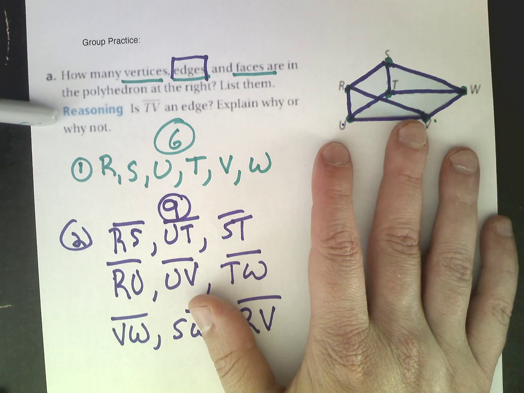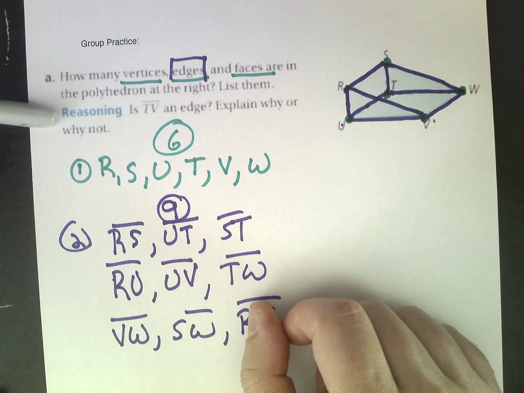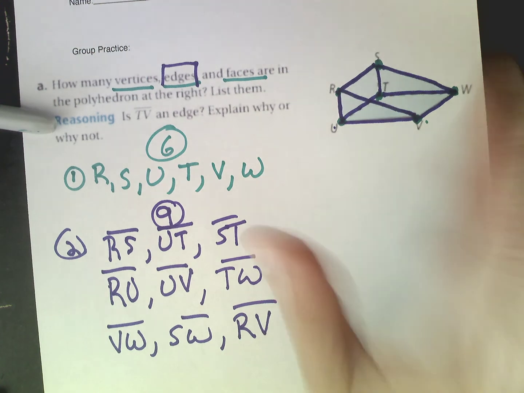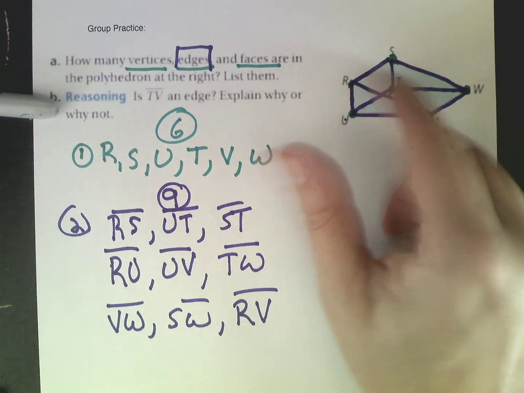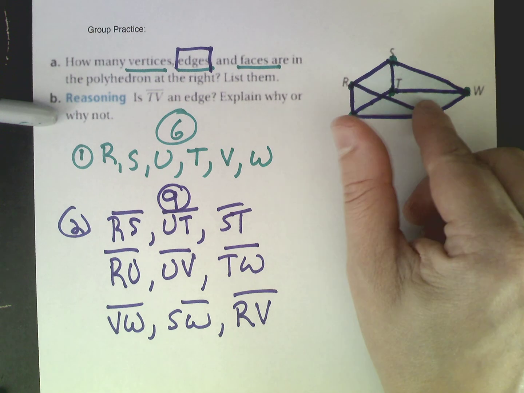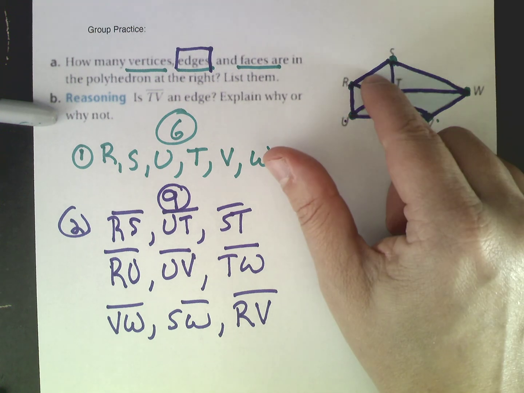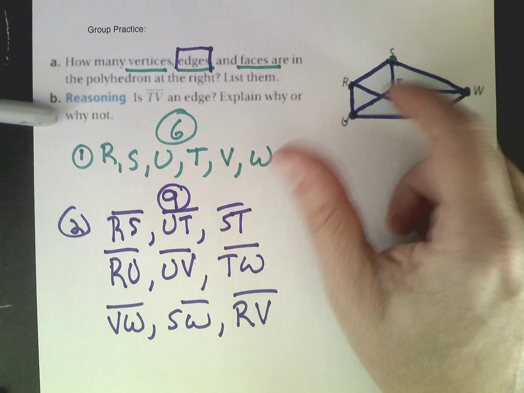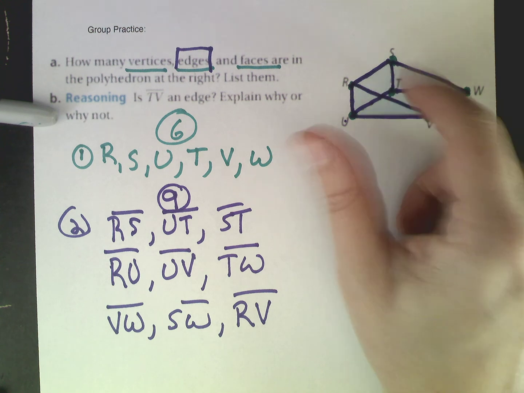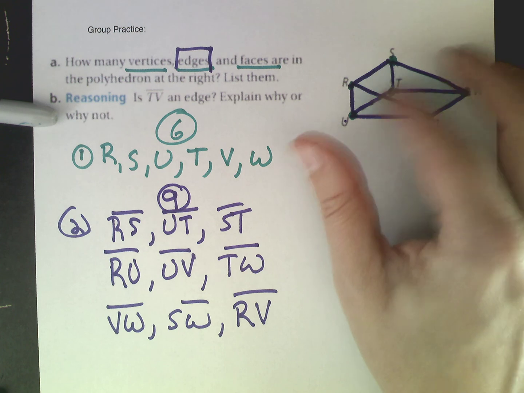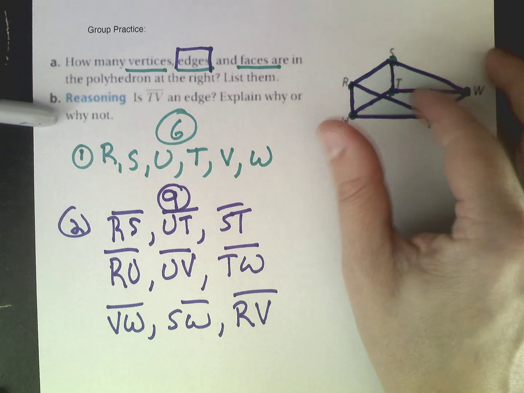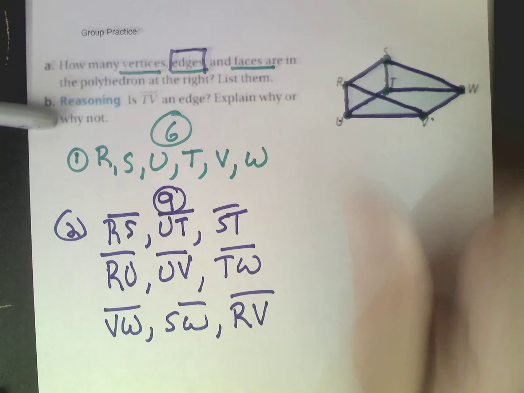So how many flat sides do you have? I have a flat side on the bottom, a flat side on the back, and these two triangular sides on the ends. So 1, 2, 3, 4. And I have a flat side on the top. So the two triangles, bottom, top, and back make 5.